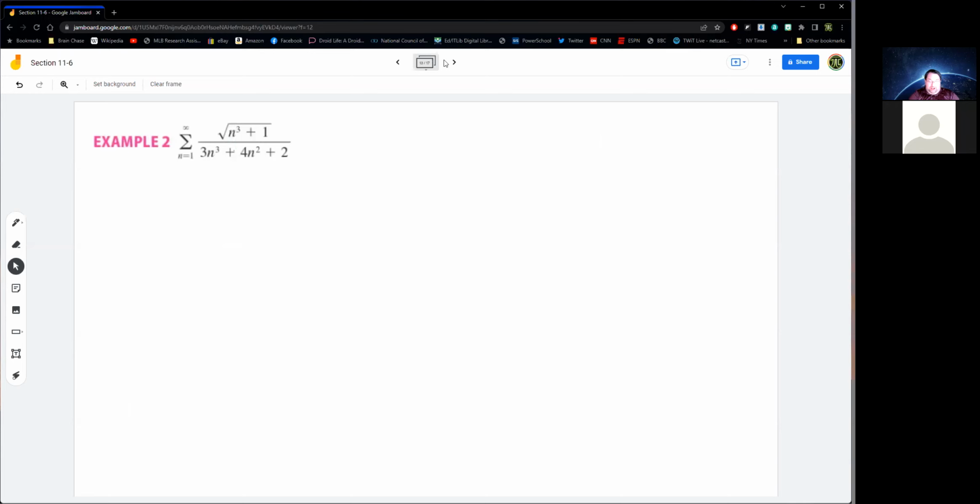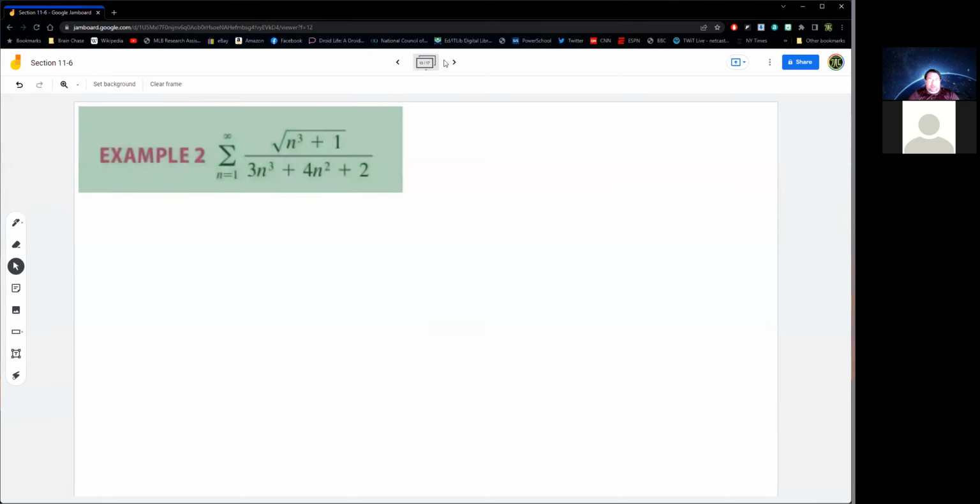So if I look at this problem right here, what's the degree of the top? First off, we know it's not a p-series and we know it's not a geometric series, so it's not going to be those two things.